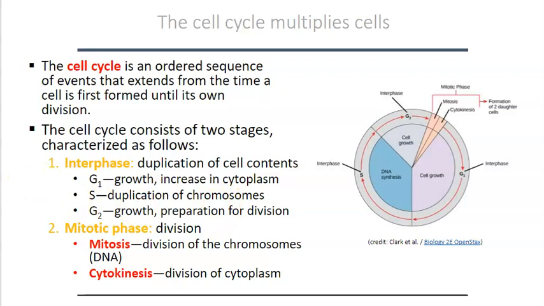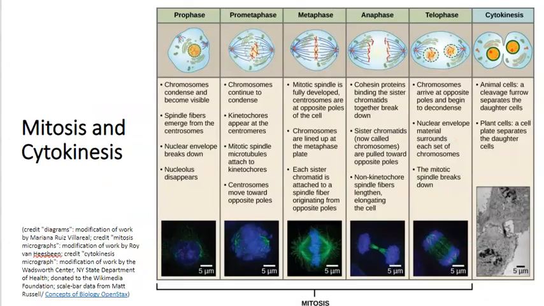We've done gap 2, where we've made more organelles and more cytoplasm, and we're now ready to enter into mitosis and cytokinesis. This diagram shows each subphase that makes up mitosis: prophase, prometaphase, metaphase, anaphase, telophase, and cytokinesis.